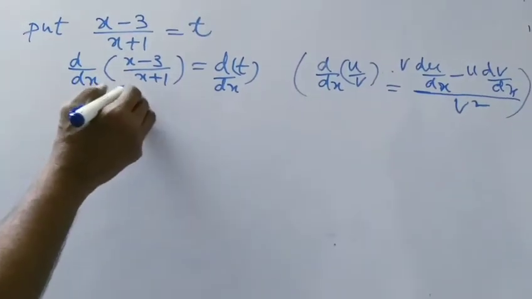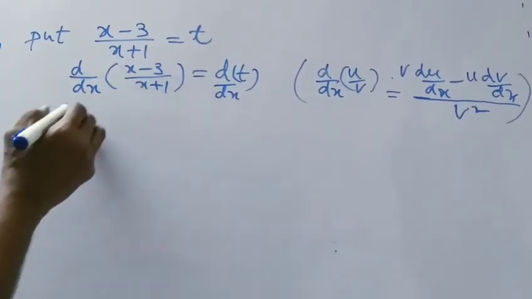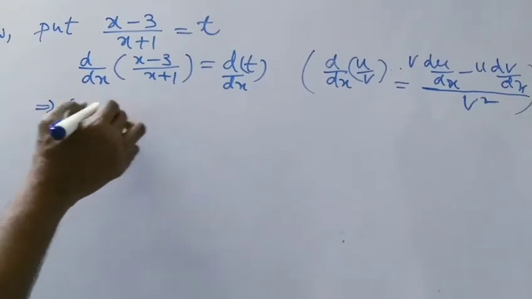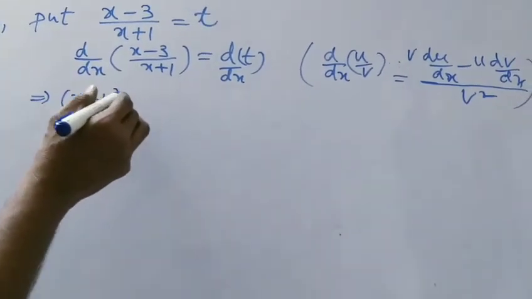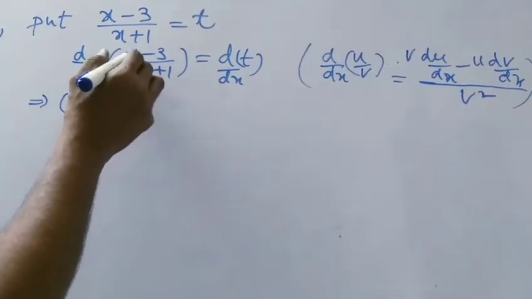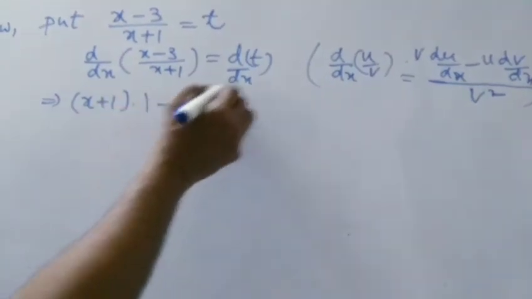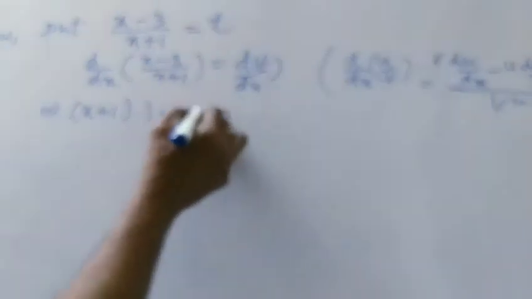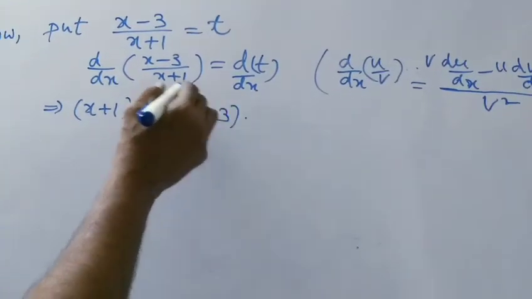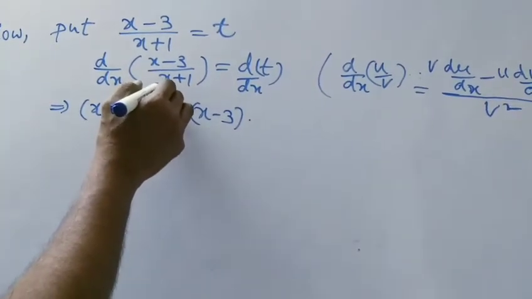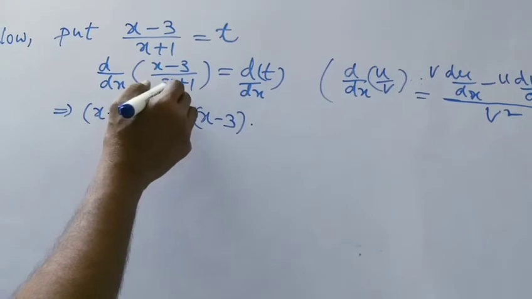v is equal to x plus 1, u is equal to x minus 3. So (x plus 1) into the differentiation of x minus 3. The constant becomes 0 and the differentiation of x is 1. Minus u, that is (x minus 3), into the differentiation of v with respect to x, that means x plus 1 with respect to x.